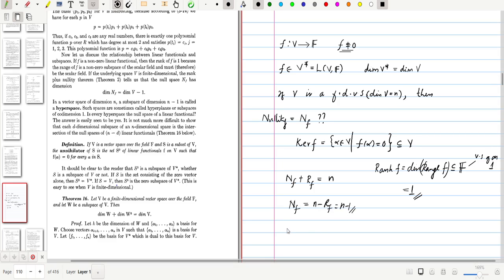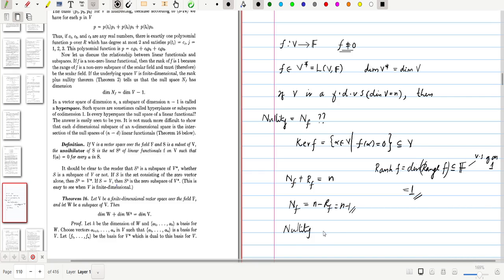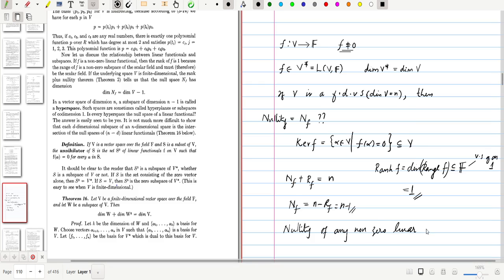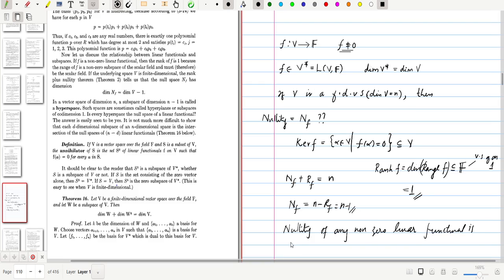This is true for any non-zero linear functional from V to F. The nullity of any non-zero linear functional is always n minus 1, where n is the dimension of V. If V is finite dimensional, then n minus 1 is the dimension of the kernel of f.